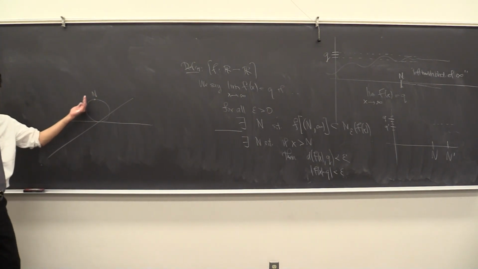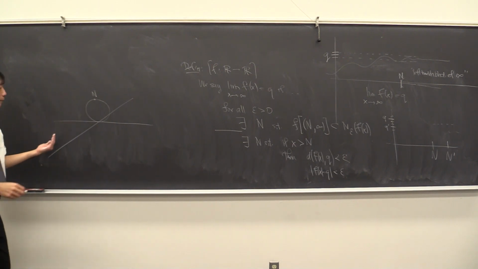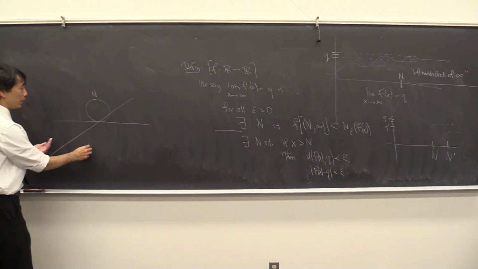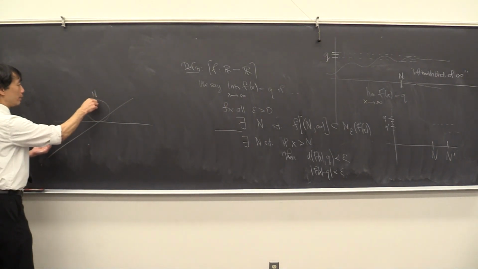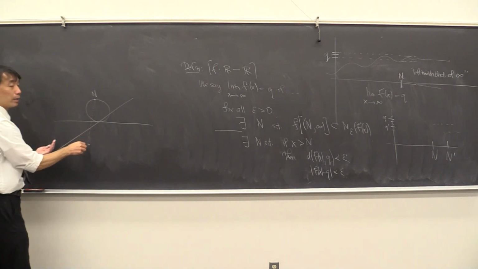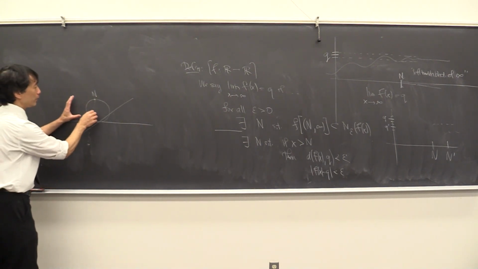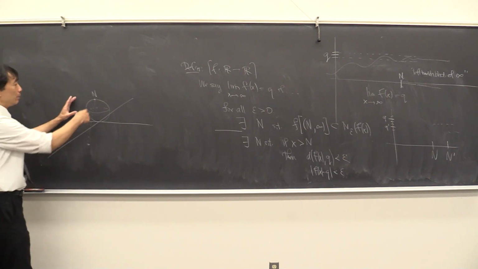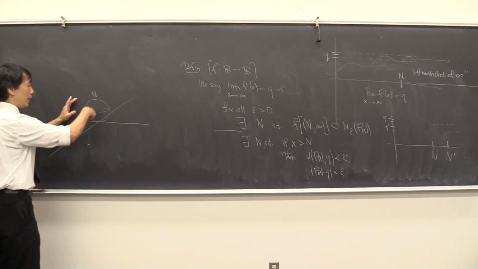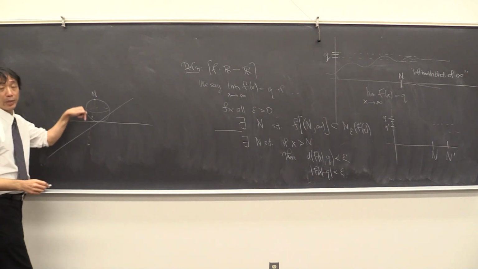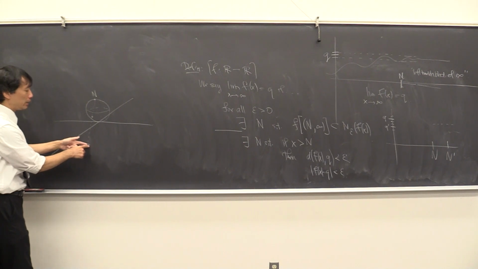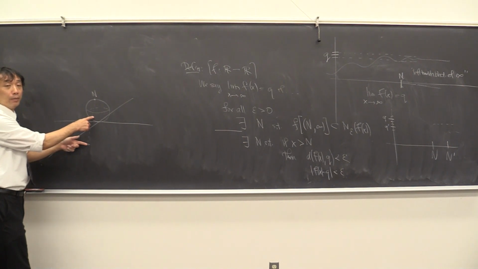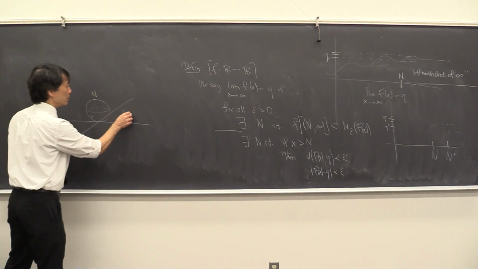Here's the North Pole, and you take every point on the sphere and draw a ray going from the North Pole to that point. The ray intersects the plane at some point, and that gives you the map. So we identify every point on the plane with its corresponding point on the sphere, which is called the Riemann sphere.